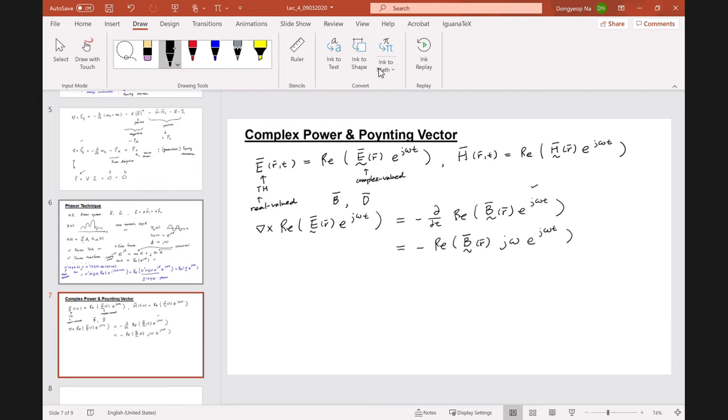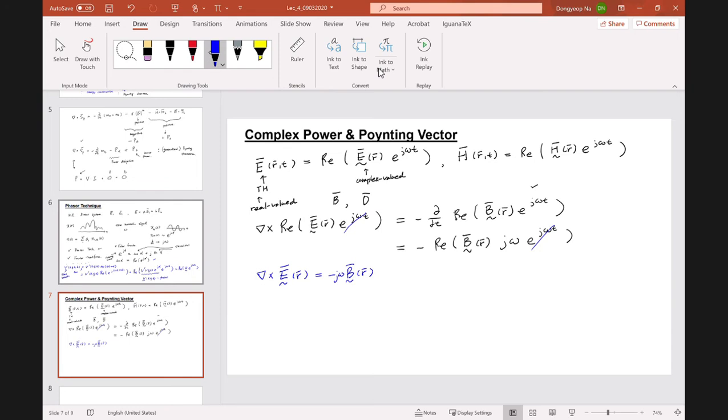So the resulting equation does not have any time derivative term. So we can just cancel this rotating wave term. Then the eventual equation is going to be this way, with the omega.